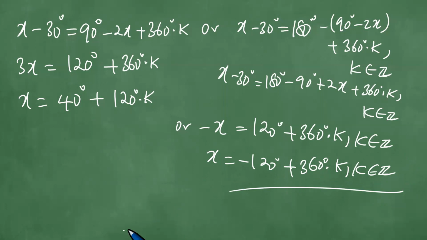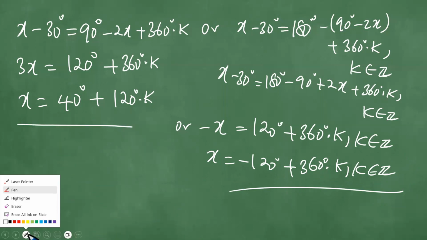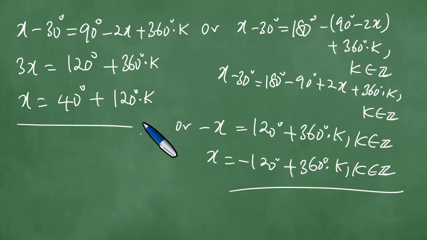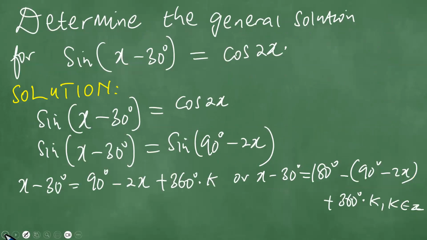Okay, so these are the answers. So then we have that x is exactly 40 degrees plus 120 degrees times k, or x is minus 120 plus 360 degrees times k. And therefore, these are the solutions. That is the general solution to this question.